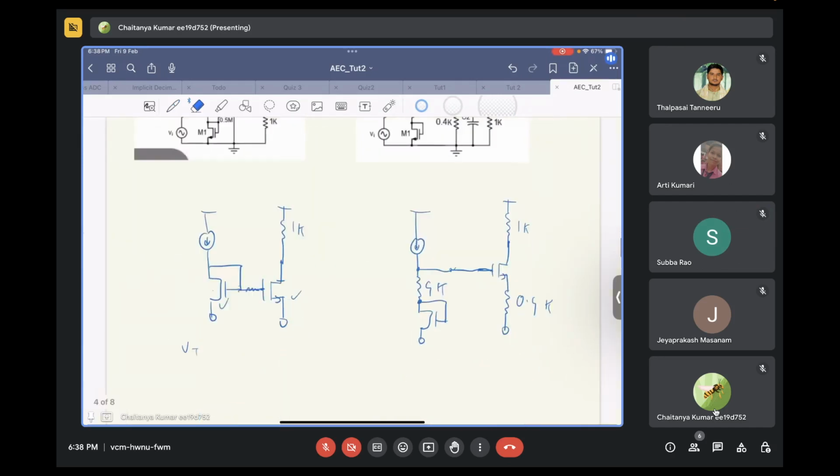So let's come back to the biasing circuit issue. Before actually moving to this particular circuit, we will have one intermediate circuit over here.